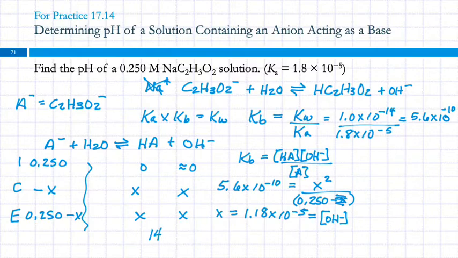So what I've got is 14 minus pOH. Well, you know what, if you like shortcuts, you'll figure them out yourself. So pOH is negative log of 1.18 times 10 to the minus 5.